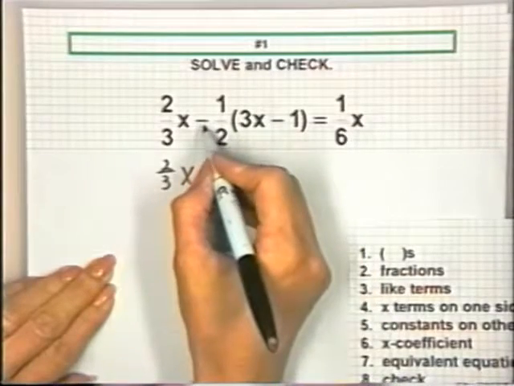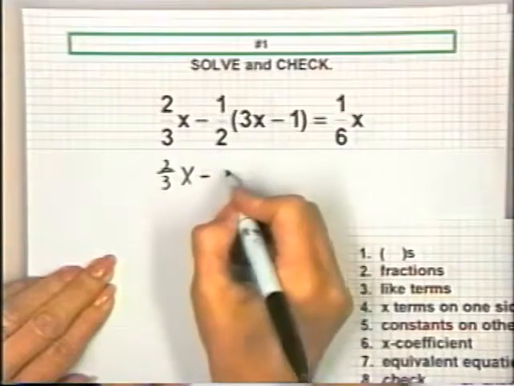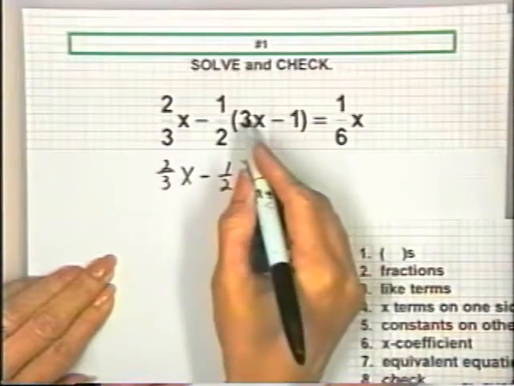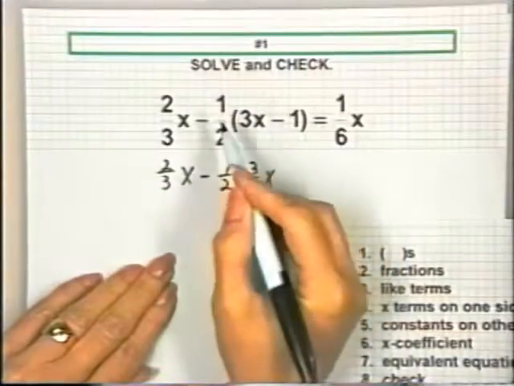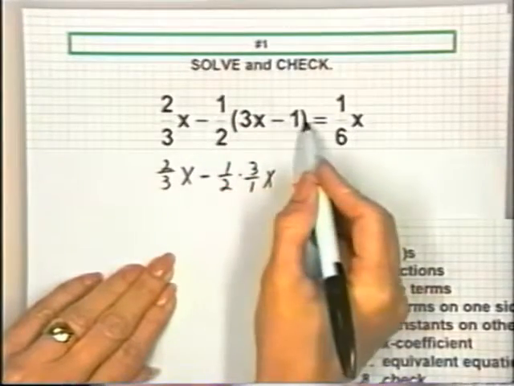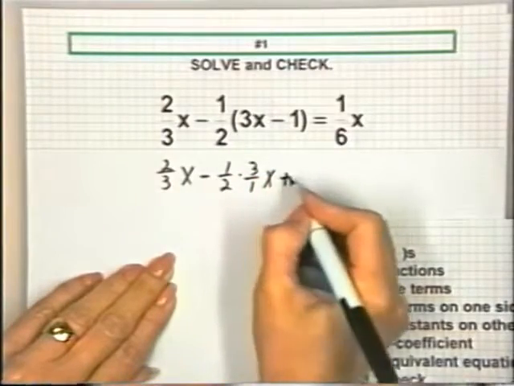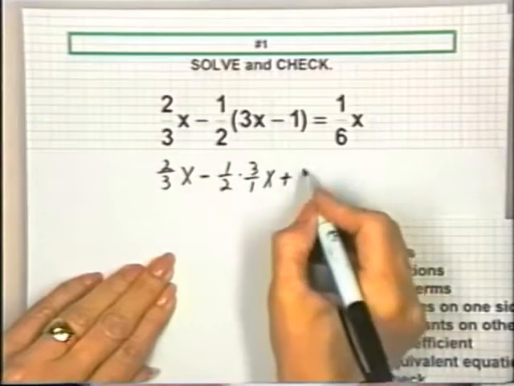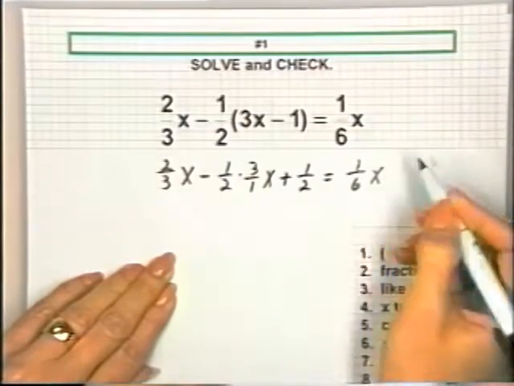I will get the sign first by saying a negative times a positive is a negative. I will say 1/2 times 3/1 times x. When I distribute the -1/2 to the -1, I will say a negative times a negative is a positive. 1/2 times 1 is 1/2 equals 1/6x.